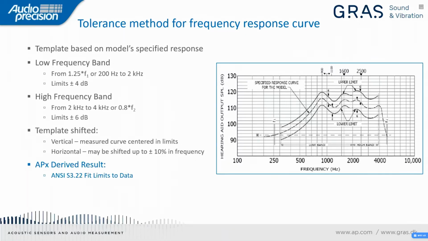Of course, these standards were written many years ago when people used transparencies. No one uses transparencies today, and this is all done via software. I wanted to point out that we've added a new derived result to the APX software called the ANSI S3.22 Fit Limits to Data. I'll be showing that later in the demonstration.